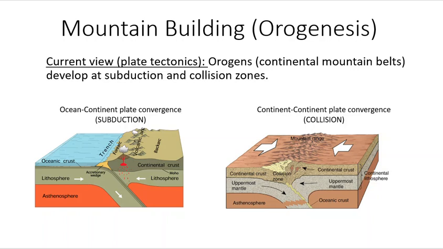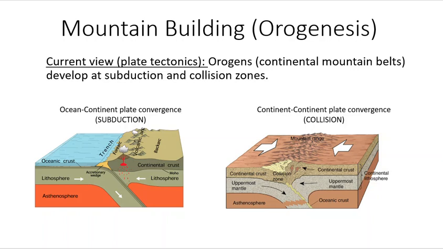And then over on the right-hand side, we have an image of a collision zone. Think of plate collision as continent-continent plate convergence, where two continental plates sort of smush together horizontally to create mountains. And in this case, because both continental plates are relatively buoyant, they don't subduct.